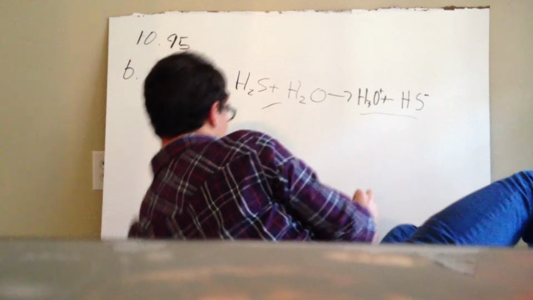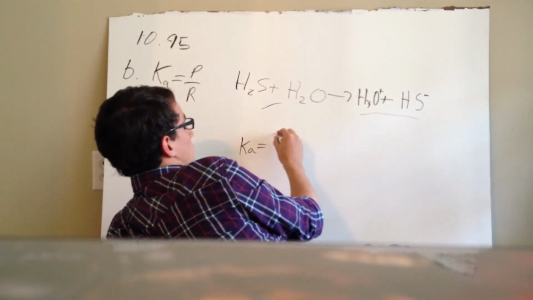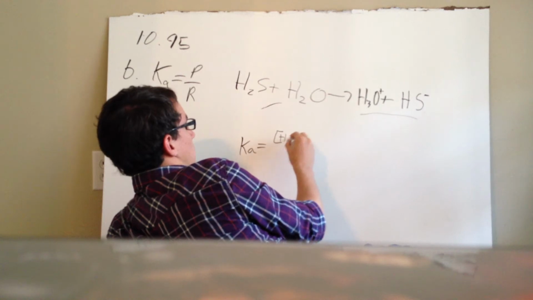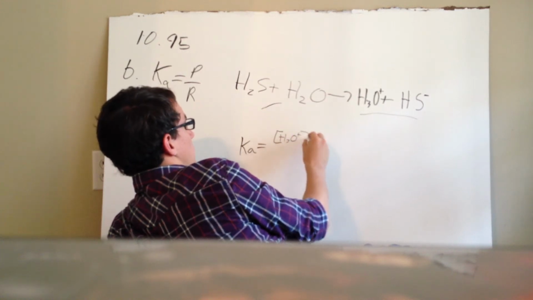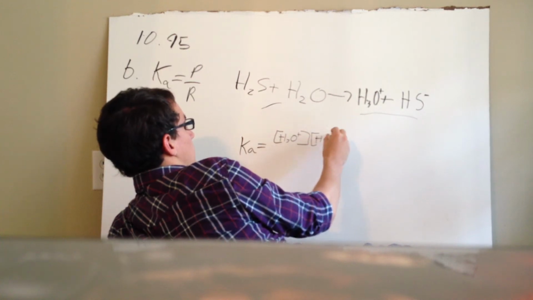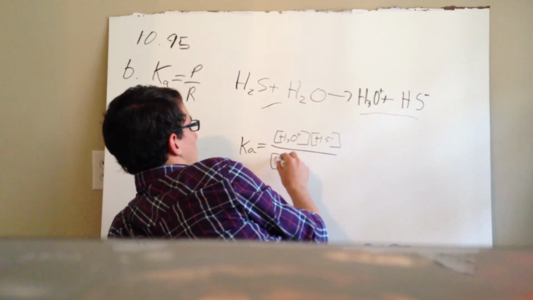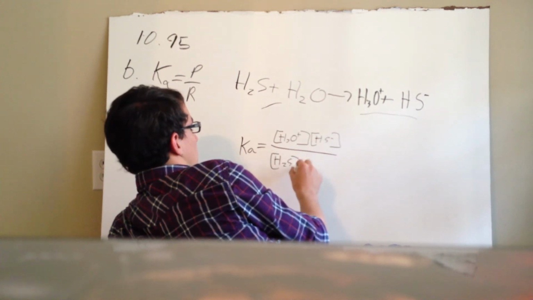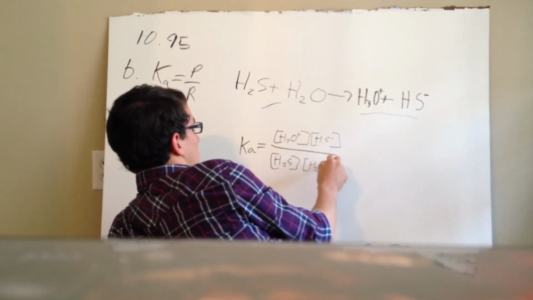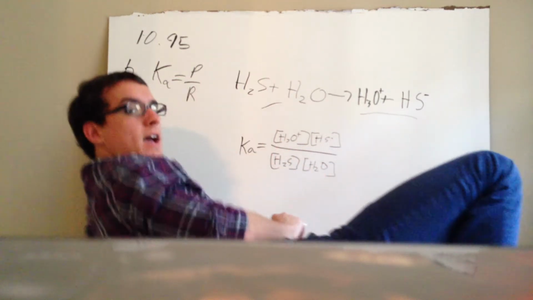So Ka equals H3O plus, HS negative, over H2S and H2O. There we go. And that's your Ka.